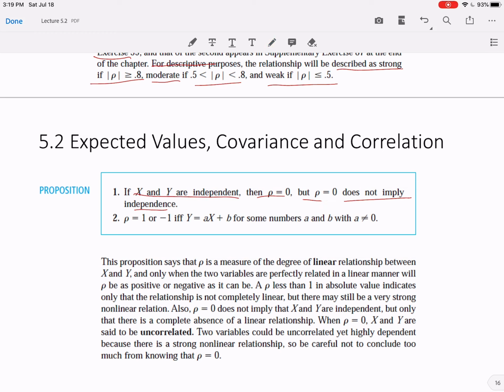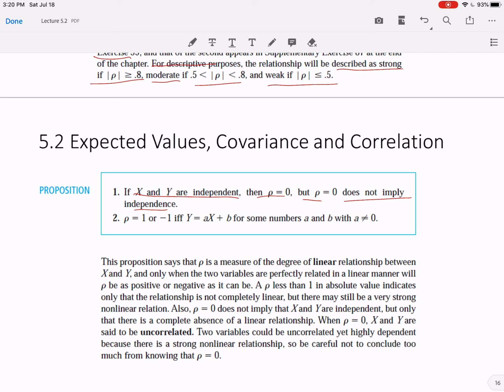So what does it mean? If x and y are independent, we say there is no relationship between x and y, whatever kind of relationship. Of course, we will say there is no linear relationship between x and y. If there is no linear relationship between x and y, then rho is equal to 0.